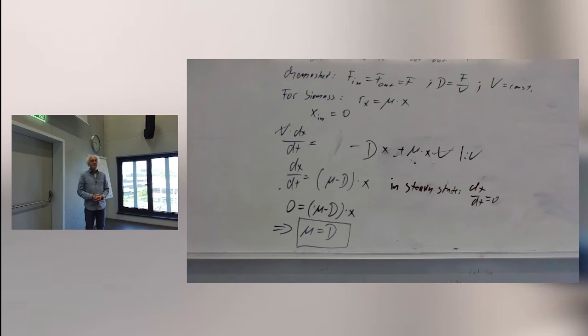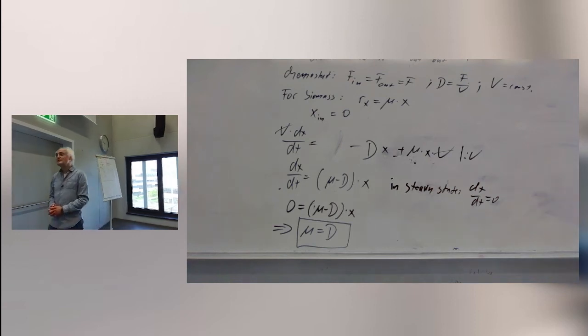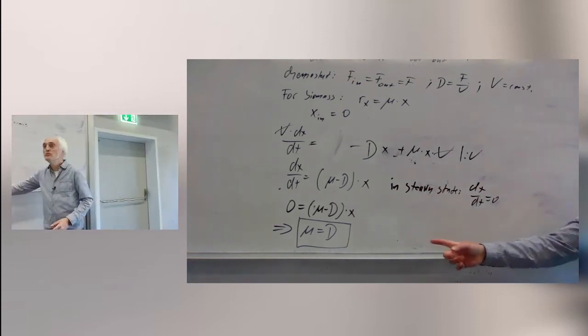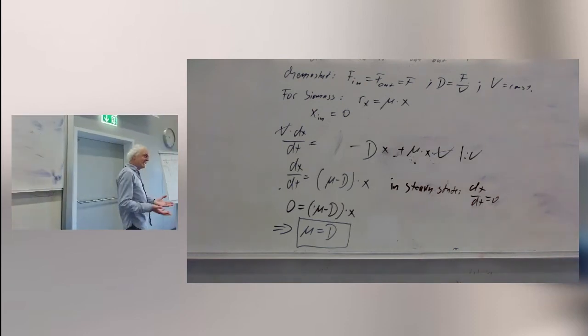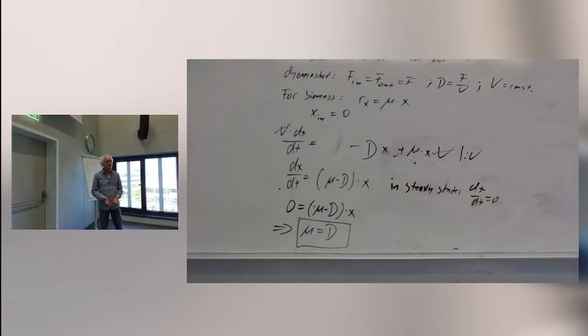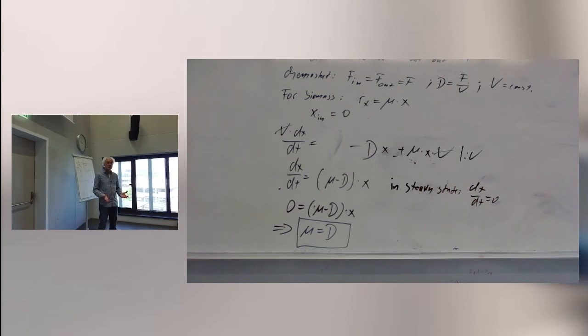This is only possible if mu is equal to d. And why do I say that this is so beautiful? What is mu? Is this something technical or something biological? This is biological. What is d? Technical. D is something I adjust.